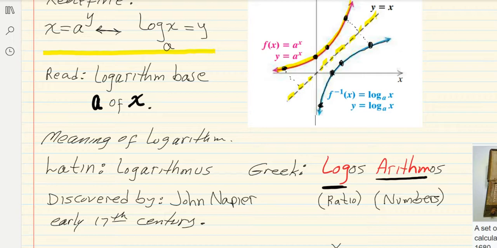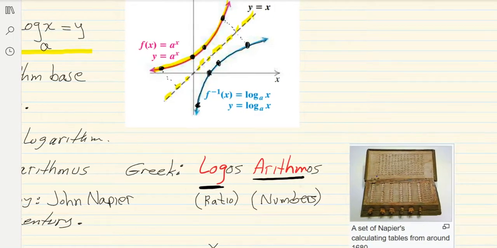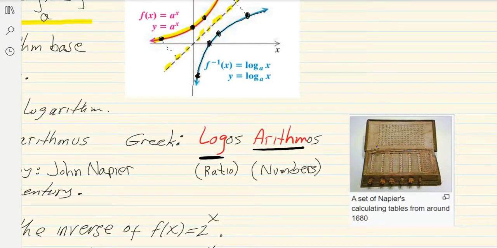Almost everything was done by hand. Kepler used Napier's tables quite often for his reckoning. Something interesting that Napier put together is known as Napier's bones.